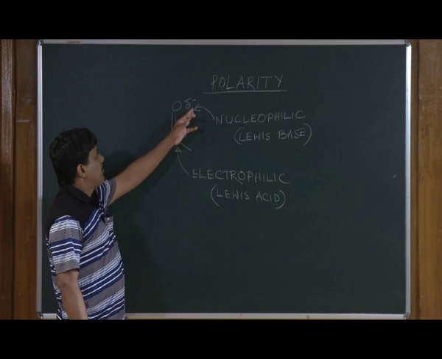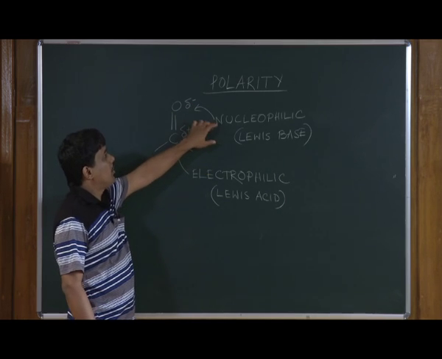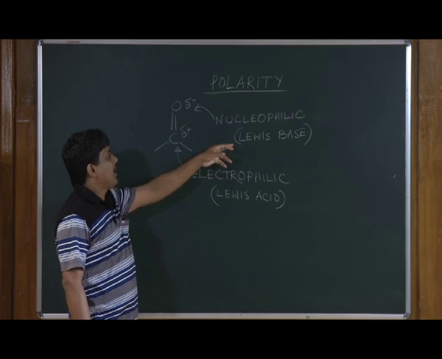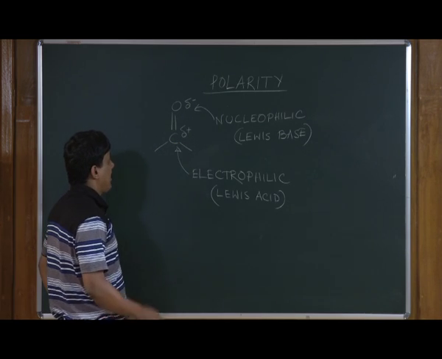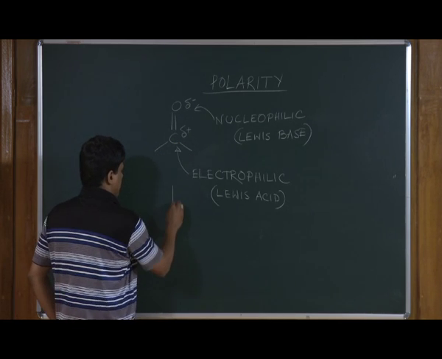Since there is an excess of electrons, this oxygen atom is a nucleophilic center and it can act as a Lewis base, and this carbon atom is an electrophilic center and can act as a Lewis acid center.